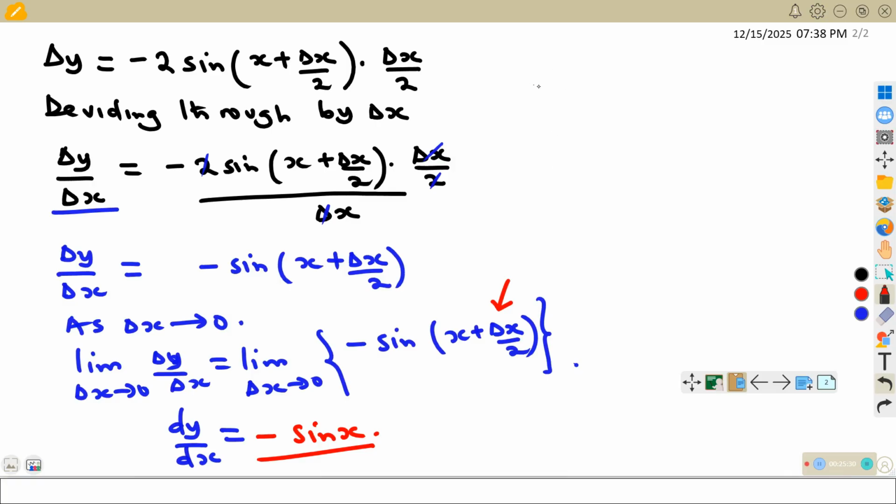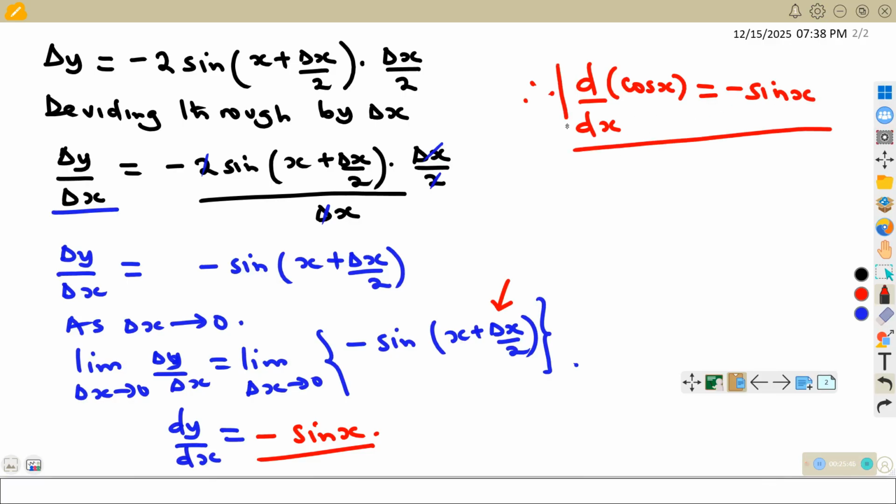So what does this imply? This implies that when you differentiate y, our y, remember, was cos of x, you get negative sine of x. So that is how we differentiate cos of x from first principles.